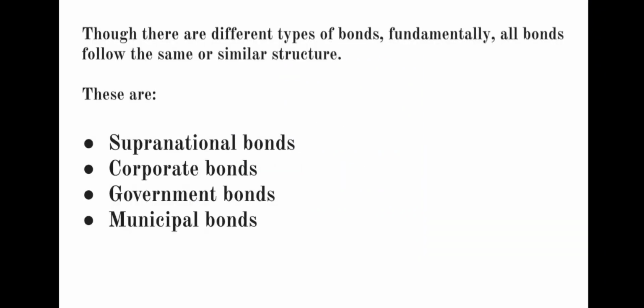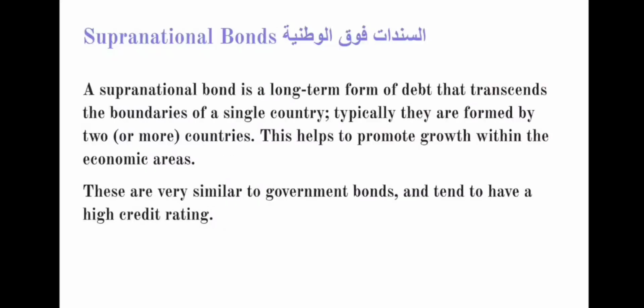Though there are different types of bonds, fundamentally all bonds follow the same or similar structure. These are supranational bonds, corporate bonds, government bonds, and municipal bonds. First, we have supranational bonds.